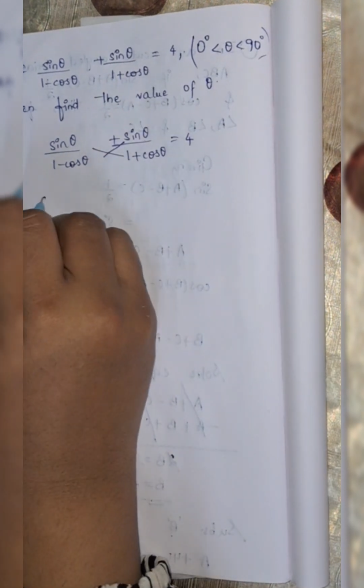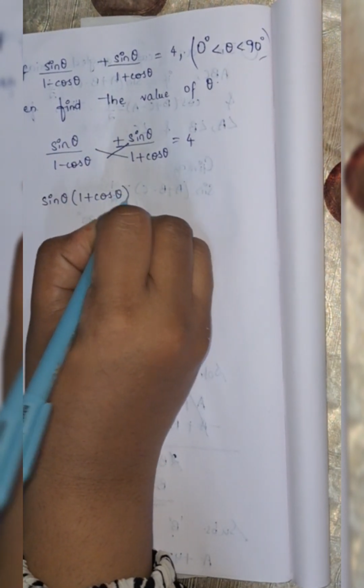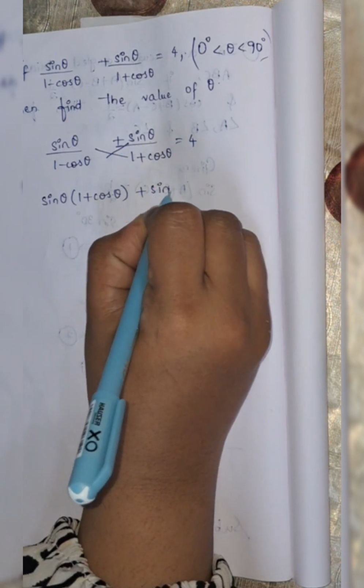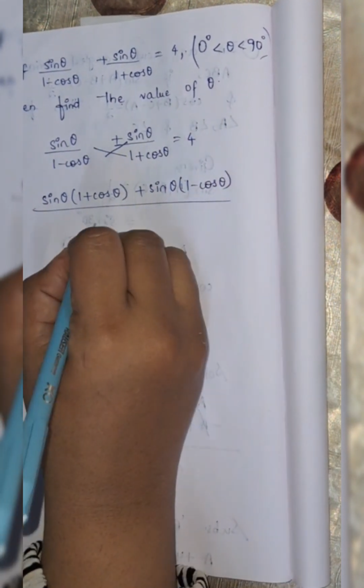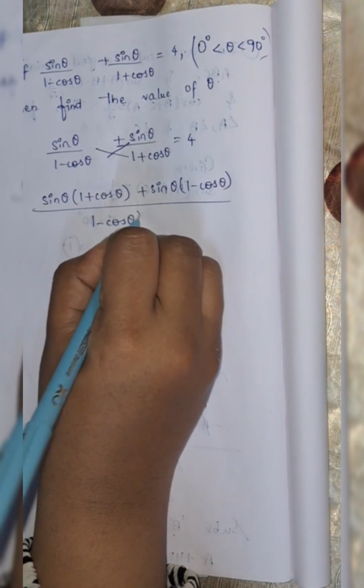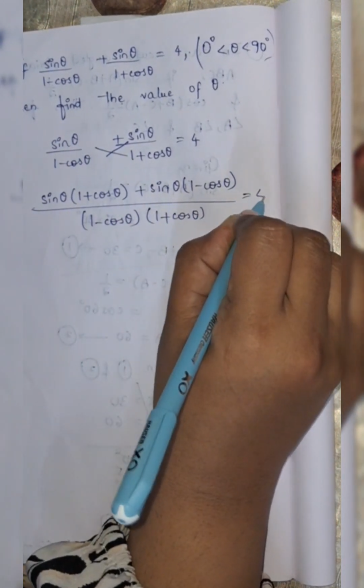Then cross multiplication: [sin θ(1 + cos θ) + sin θ(1 - cos θ)] / [(1 - cos θ)(1 + cos θ)] = 4, where the LCM is (1 - cos θ)(1 + cos θ).